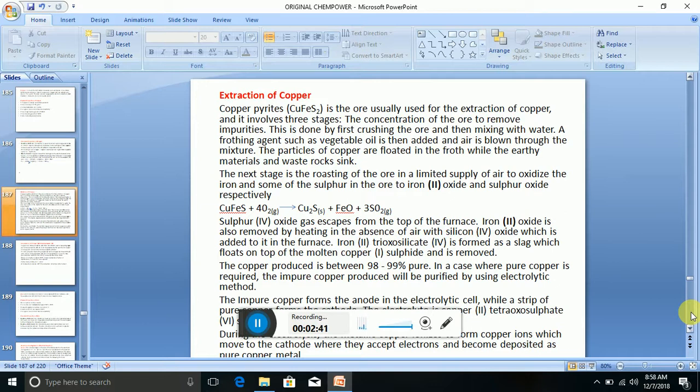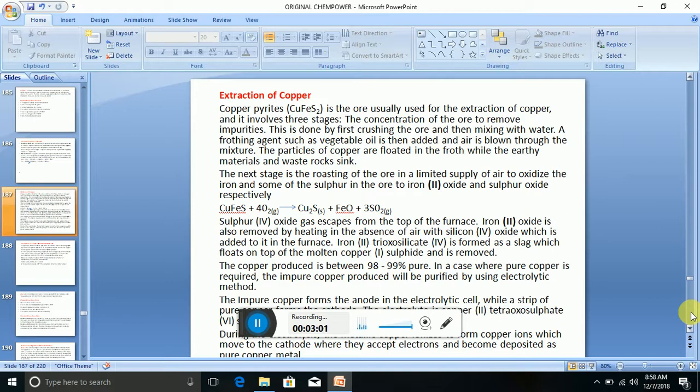Extraction of copper. Copper pyrites, CuFeS2, is the ore usually used for the extraction of copper, and it involves three stages: the concentration of the copper to remove impurities.